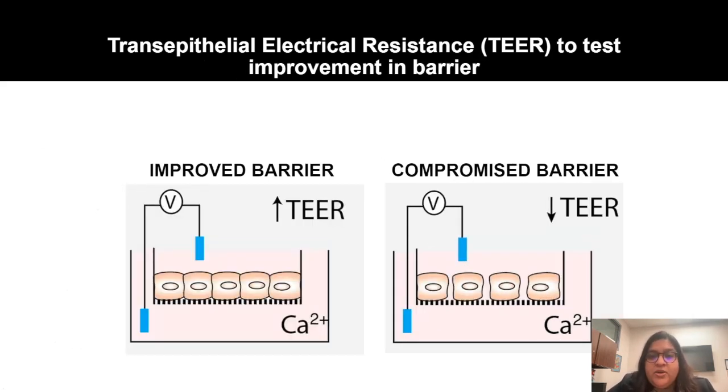So here, what we would expect is that if there's an improved barrier state, we should see an increase in epithelial resistance. Whereas if the barrier is weakened or compromised, we should see a decrease in epithelial resistance.